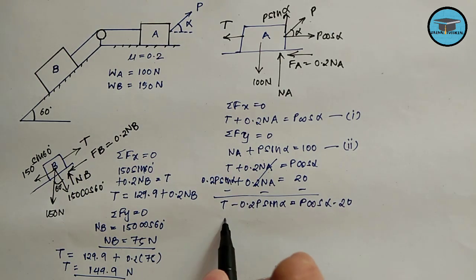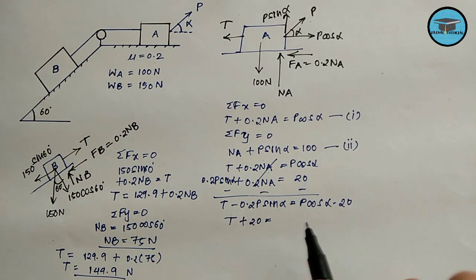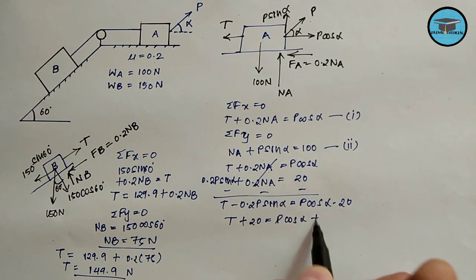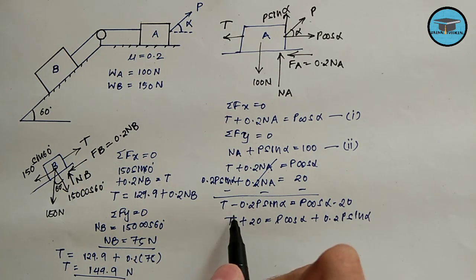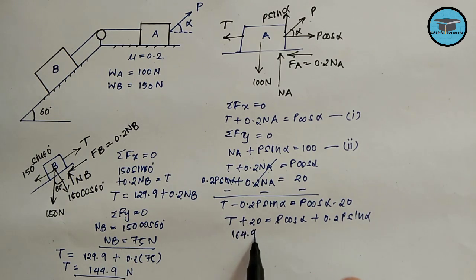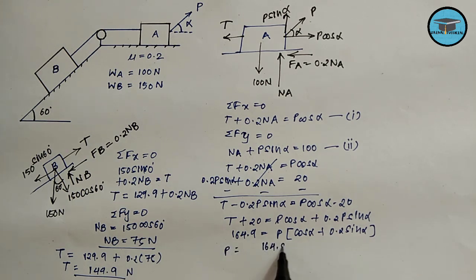So T plus 20 equals P cos alpha plus 0.2 P sin alpha. We know the value of T as 144.9 Newton, so the left side comes out to be 164.9, which equals P common, cos alpha plus 0.2 sin alpha. So the value of P can be determined as 164.9 divided by cos alpha plus 0.2 sin alpha.